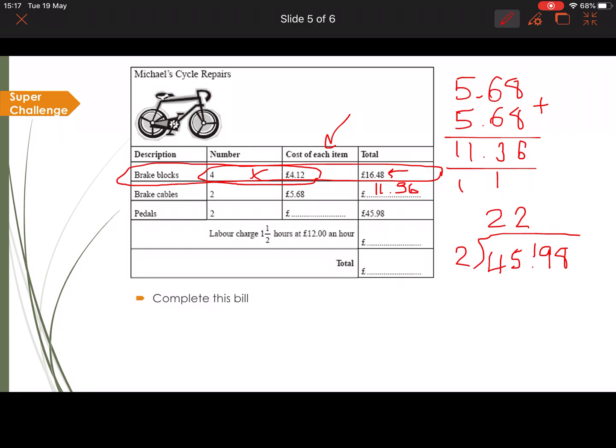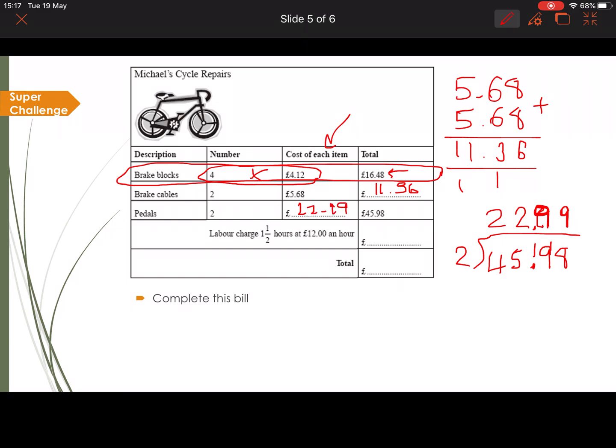It goes into 19 9 times because 2 times 9 is 18 with 1 left over. And then again 2 times 9 is 18. Not forgetting to carry my decimal place from here up. So £22.99 is the cost of one pedal.